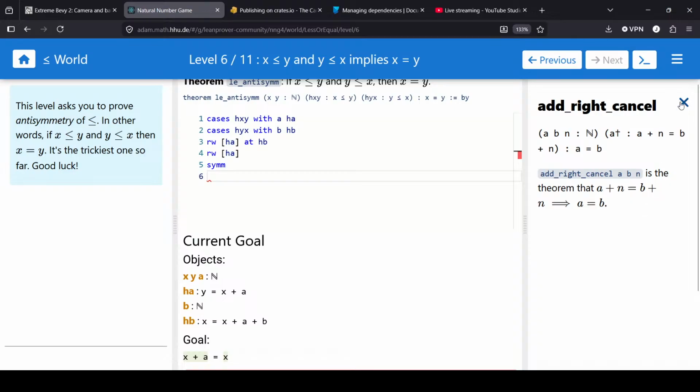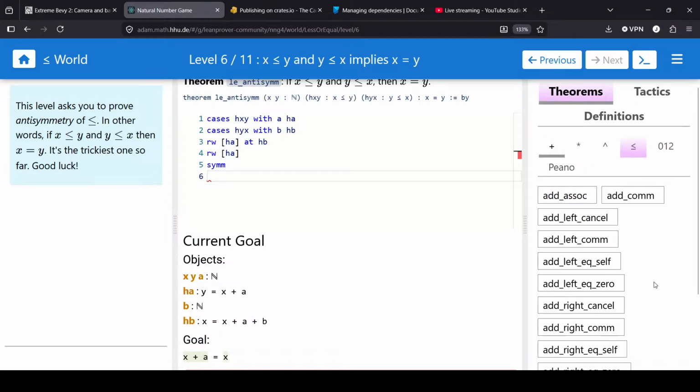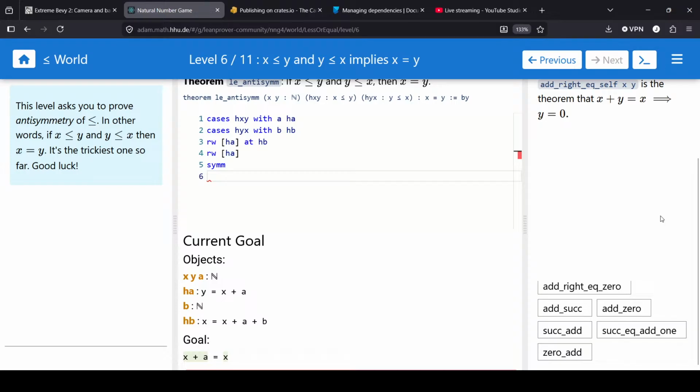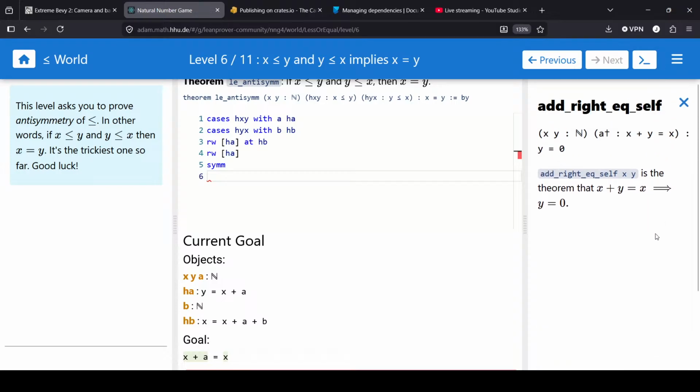Is there anything else? So if I had this as a hypothesis, I would be okay. If I don't.